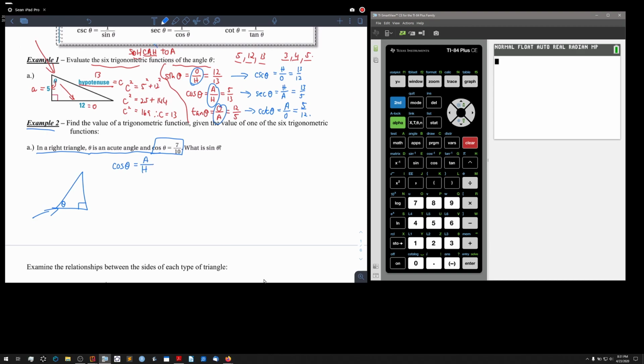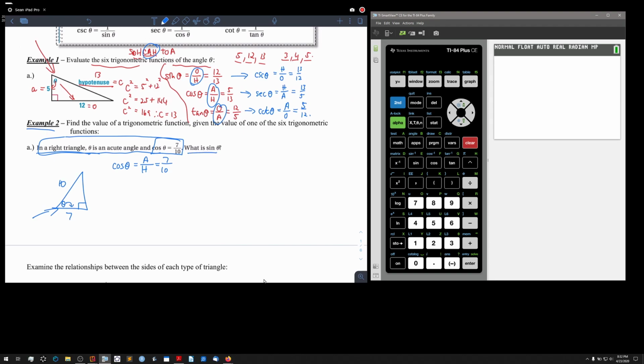It's the CAH in my SOHCAHTOA. So that means that the adjacent side is 7 and the hypotenuse is 10. So from this angle's perspective, here's the adjacent side. That adjacent side would be 7 and then the hypotenuse is 10. This is great. I just basically used that information to draw a triangle.